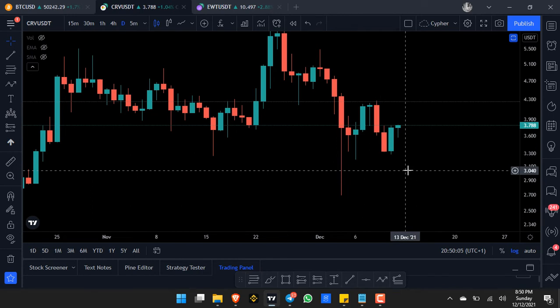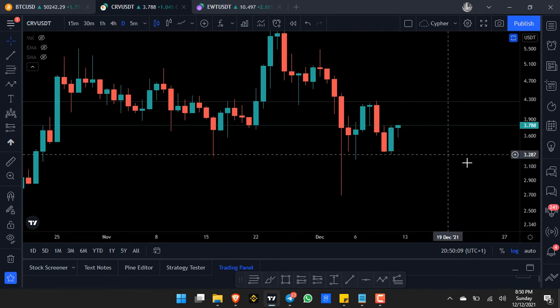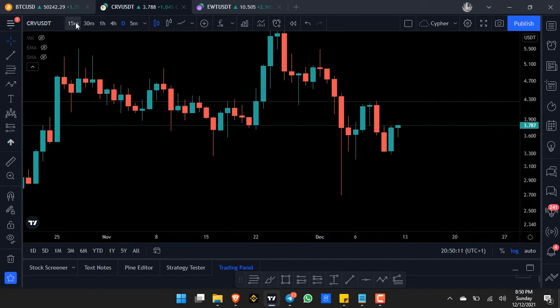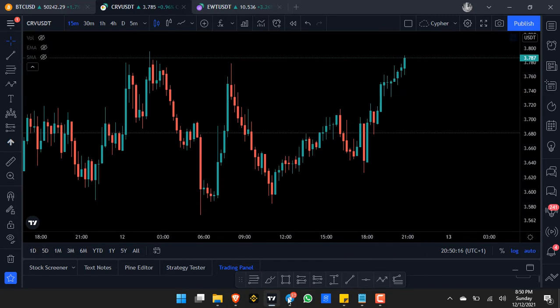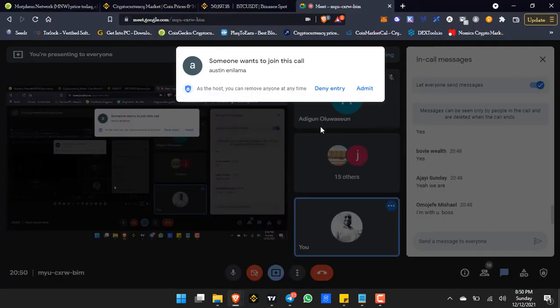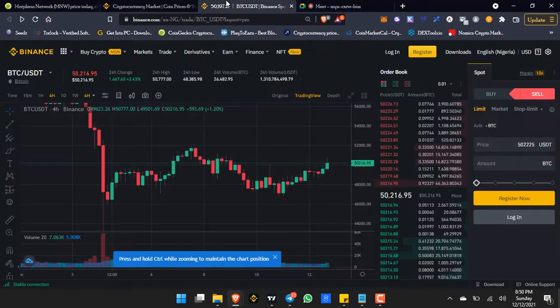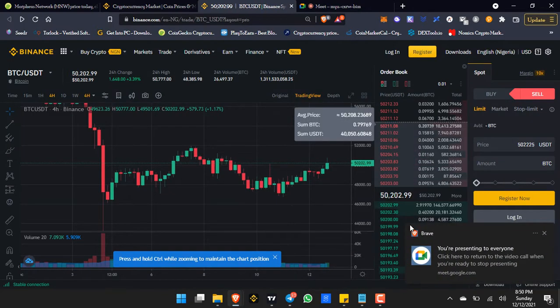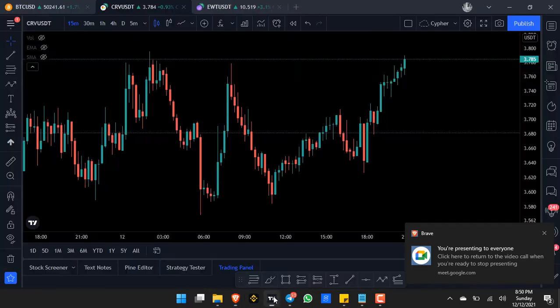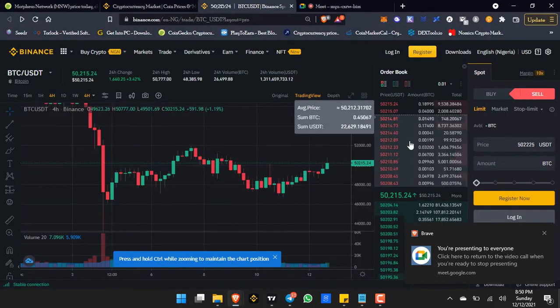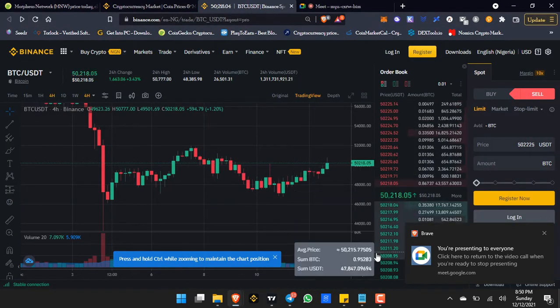So talking about the struggle between buyers and sellers, what we are seeing on this chart, by the formation of each of these candlesticks, is an indication of what is happening in the market, the struggle between buyers and sellers.